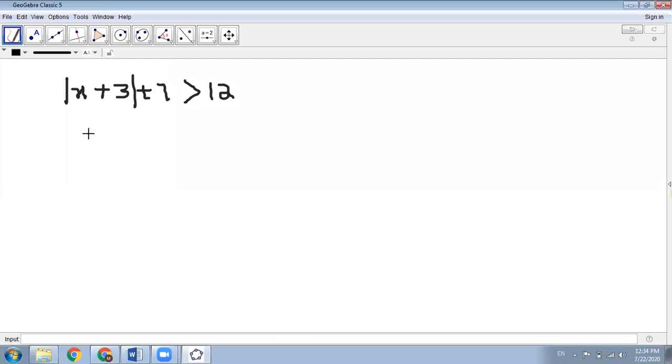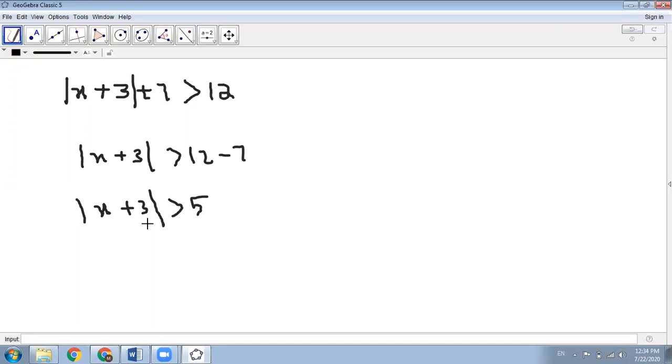Now in this question, beta, first of all, we separate the absolute value by moving this 7 to this side. So x plus 3 is greater than 12 minus 7, which is 5.